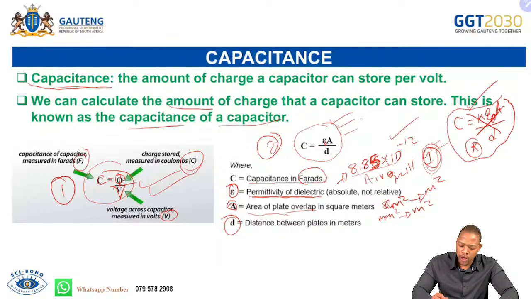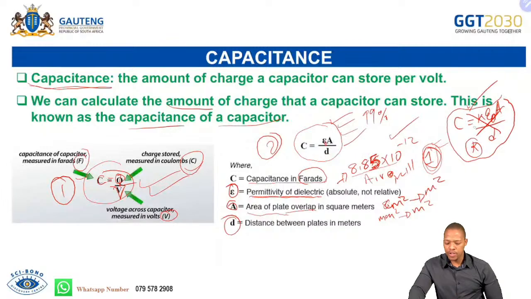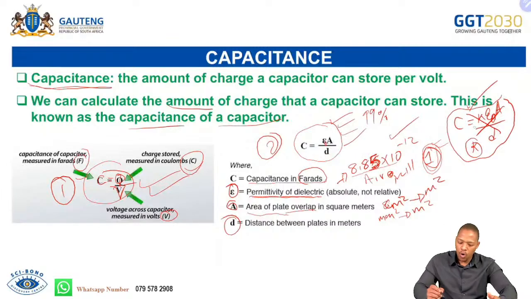Most probably 99% of the time, we're going to be using this one and not this one. And if we are asked to use this one, we will have to use the what? The relative permittivity of that particular dielectric that is used. But we also have the absolute permittivity, which is 8.85 times 10 to the power minus 12 there.